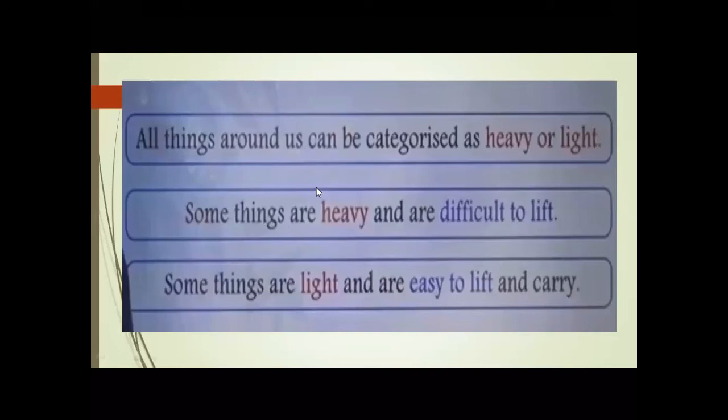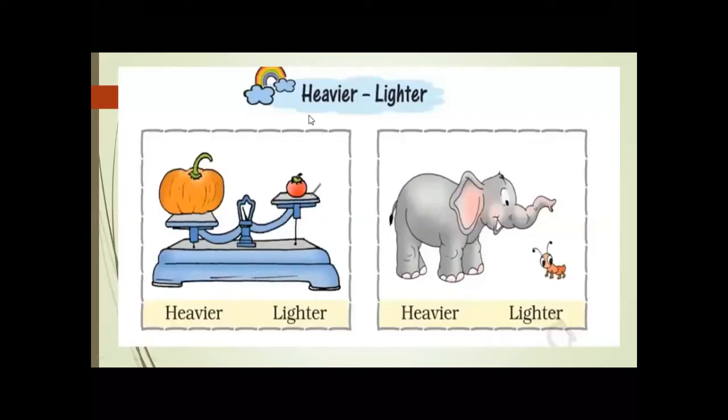Let's see the other picture, heavier and lighter. Again, we use the terms heavier and lighter when we compare two things. Here we see two vegetables. The first one is cabbage and the second one is tomato. As we see here, the cabbage is big as compared to the tomato.